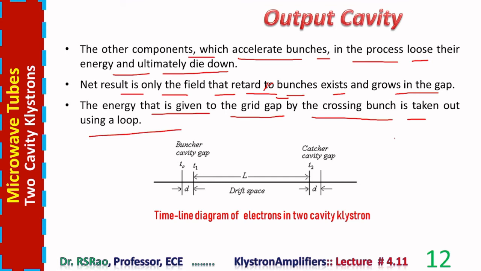So the point is this, you consider the output cavity. This is the output cavity. It is a re-entrant cavity. Now a cavity is a resonator. In a resonator, there exist several frequencies.